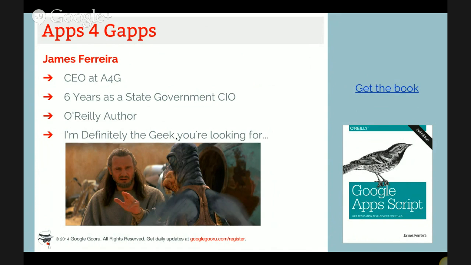I definitely know what it's like to be an admin on a Google Apps domain. I think we were one of the very first state agencies to move to Google Apps. We went through the whole process before there were even partners, so no help at all. But we were able to migrate over, and it's a solution that they're still using today. They're very happy with what happened there.